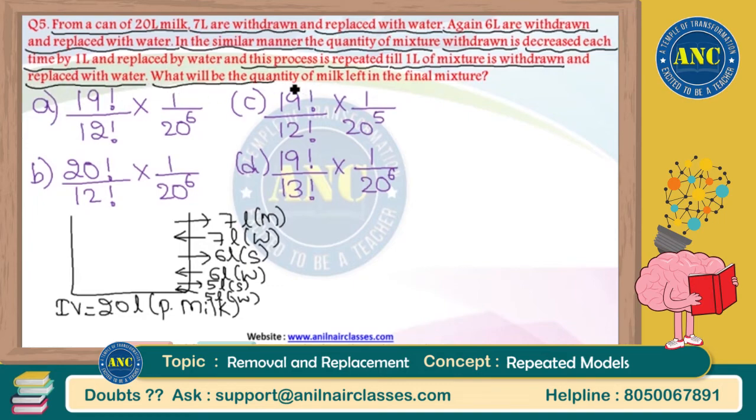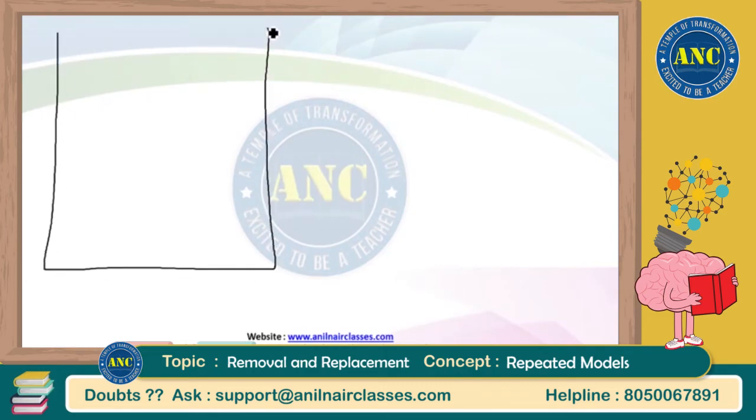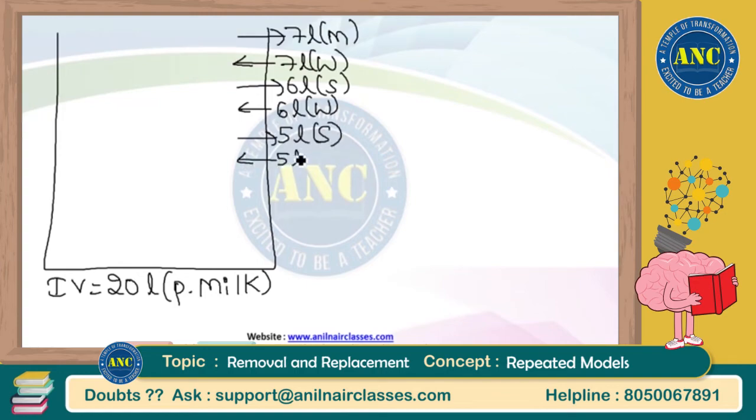Your question is, what will be the quantity of milk left in the final mixture? If you don't know the concept, you might have faced so much difficulty in solving the question, but now this question is a cakewalk. Initially 20 liters of pure milk was present. 7 liters of milk was taken out, 7 liters of water was added, 6 liters of solution was taken out, 6 liters of water was added, 5 liters of solution was taken out, 5 liters of water was added.